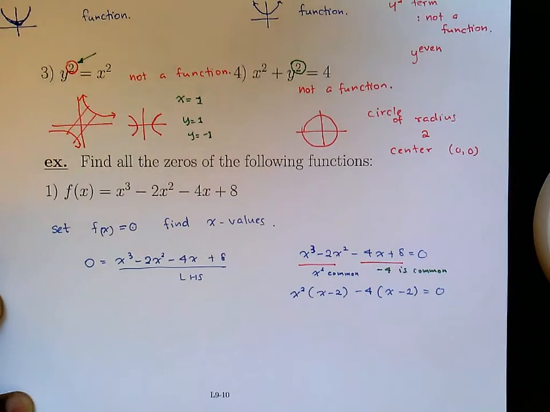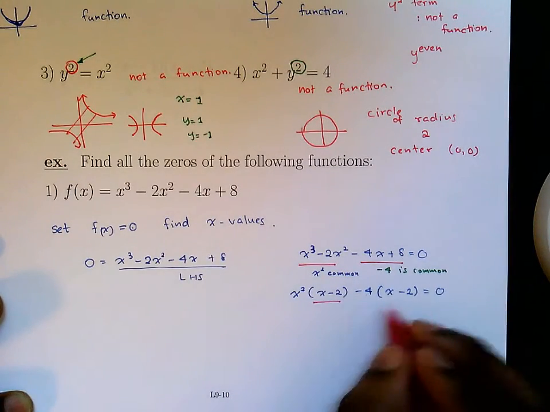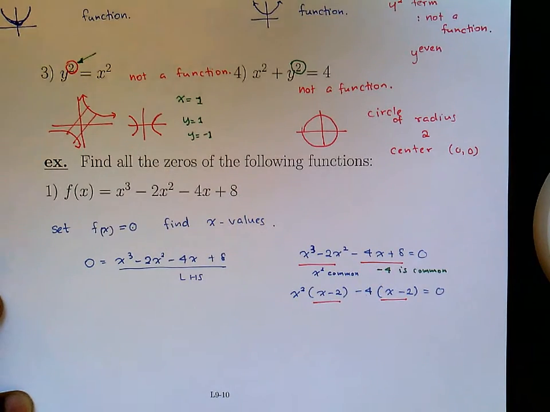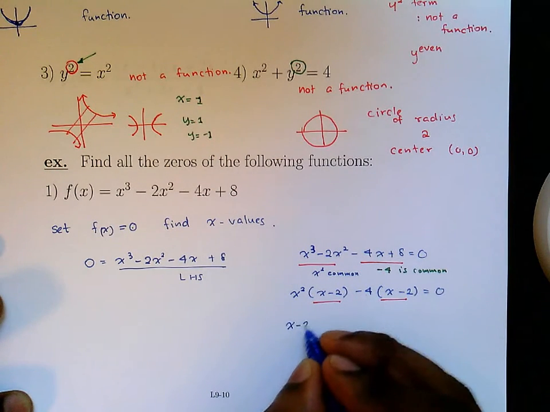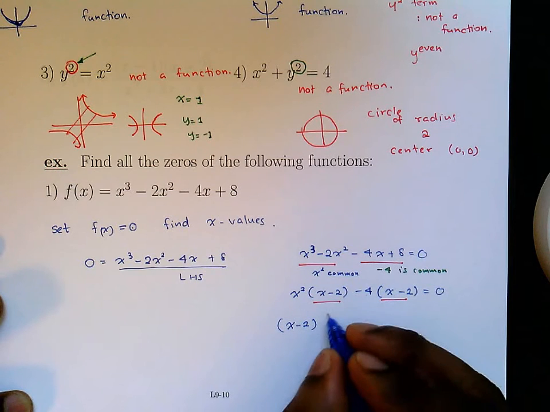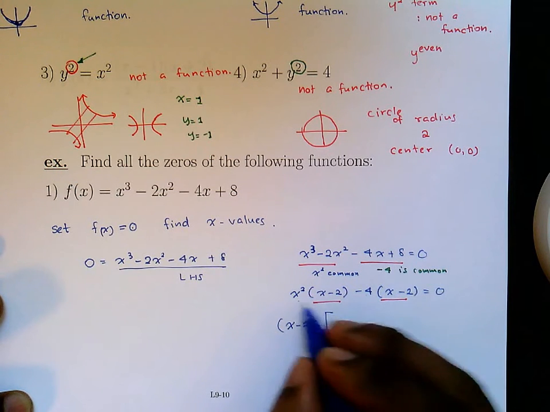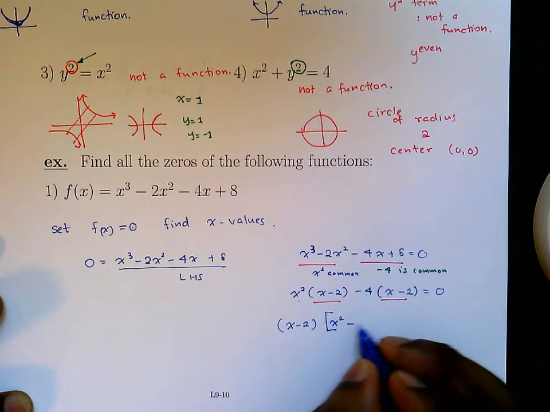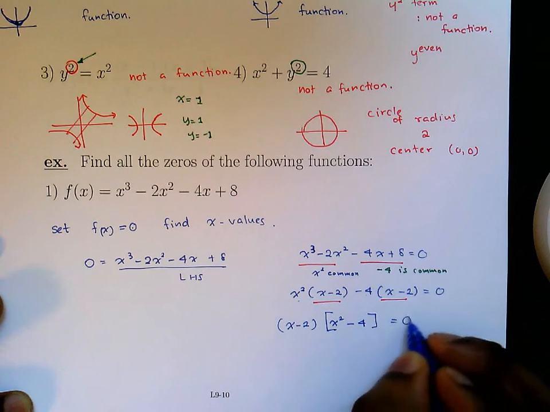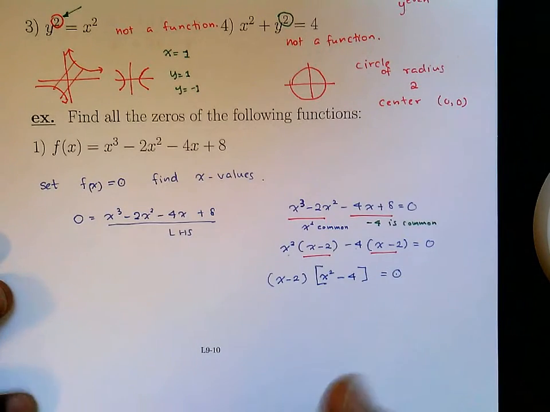Now you can see that x minus 2 is a common factor. So you can take it out, x minus 2, and then write down what's remaining. Here you have x squared, and here you have minus 4, equals 0. Now you can factor this as a difference of two squares.